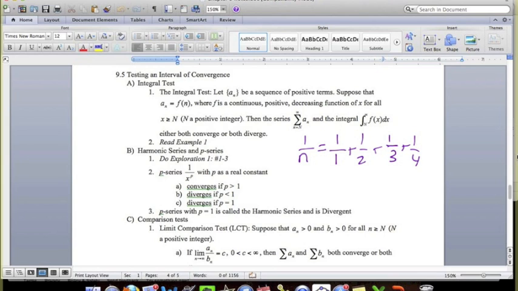If we take these as lengths of vibrating strings, then we get musical notes in harmony, and that's why this is called a harmonic series. It is important to know that the series with the power of 1, so 1 over n, is called the harmonic series, and it is really important to know that it is divergent.